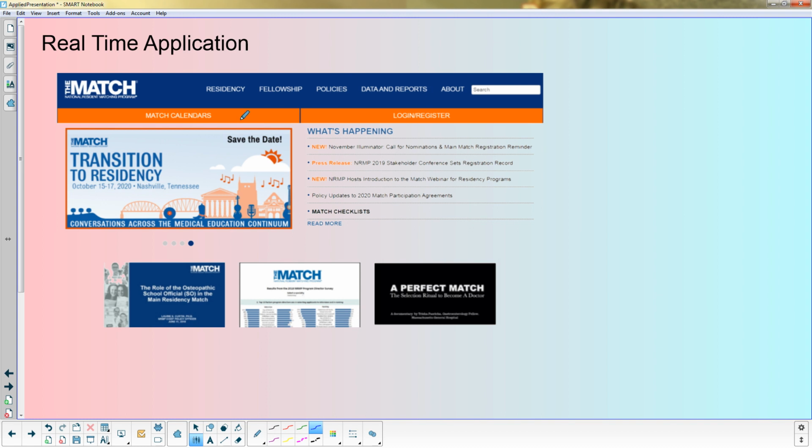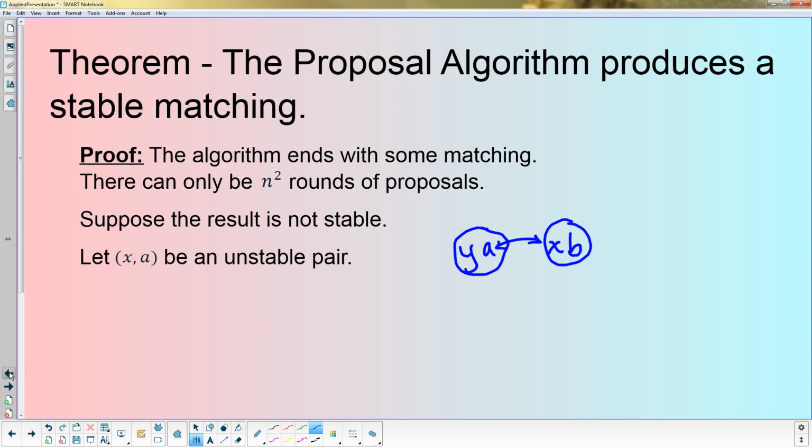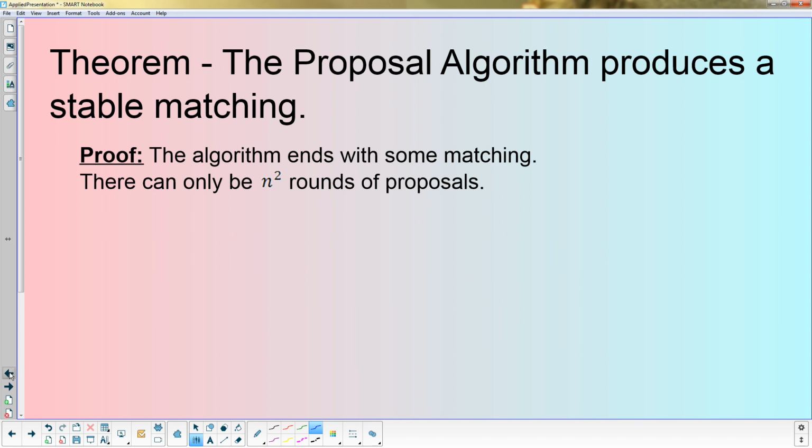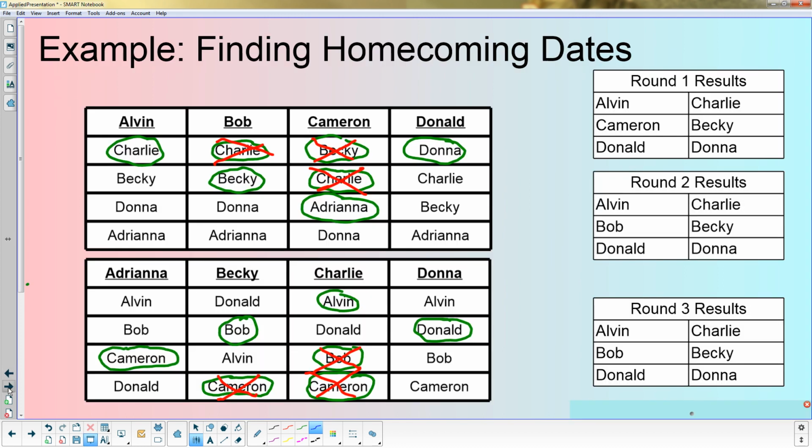But one thing that we really notice from our example is that all the men did the best they could in finding dates. This is actually the best possible outcome of a stable matching for the men.